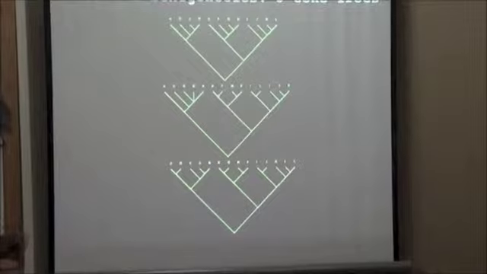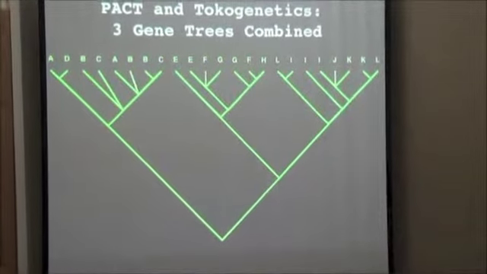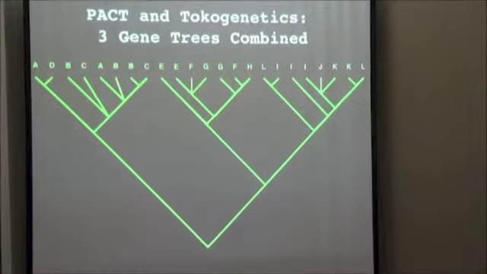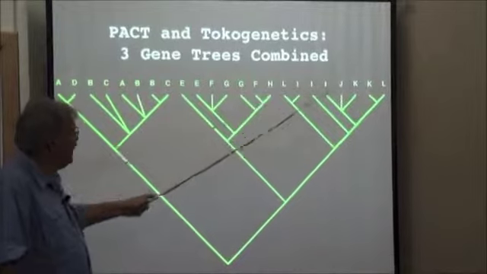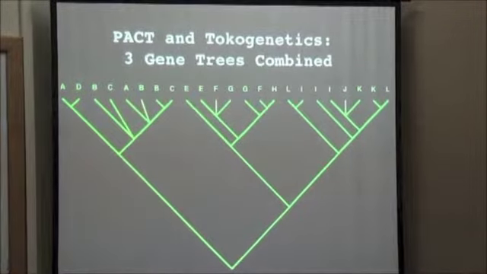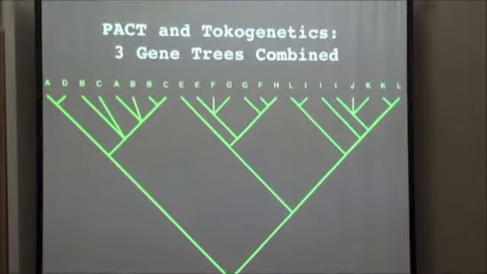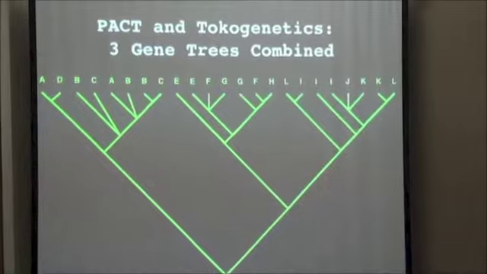So what you would expect is that if you combine all those, you should see lots of reticulations. If it's all one species, then there should be a lot of reticulations. Well, it turns out, look how there are lots of duplications here. So there's a lot of evidence of reticulation. But there's an interesting thing about the patterns of reticulation.